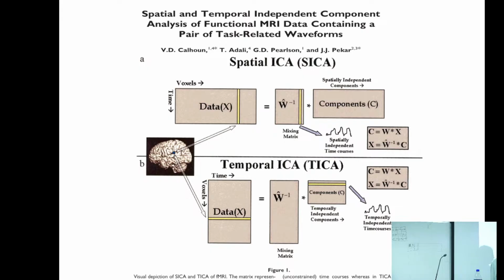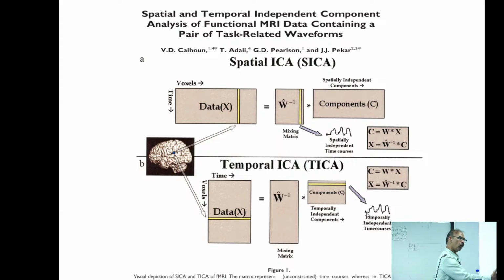The other way he also did is that this is time, this is voxels, so you can do principal component analysis. The other way he did was, this is time and this is voxels, right? And then he used this to derive this temporal component, and basically to show that you could do ICA on the spatial map, and what you get is exactly the same as this one, right?